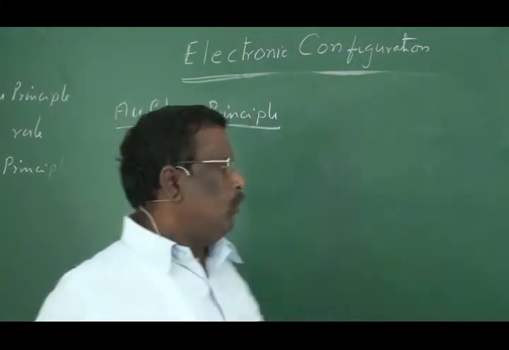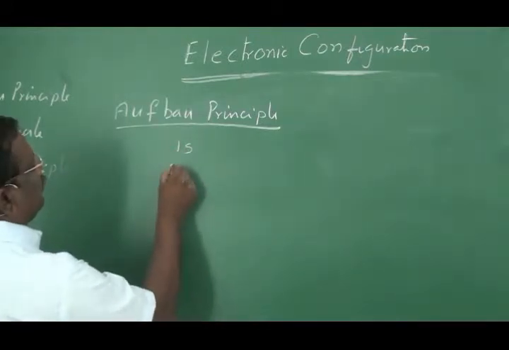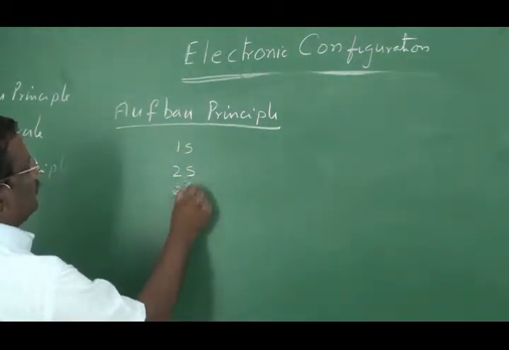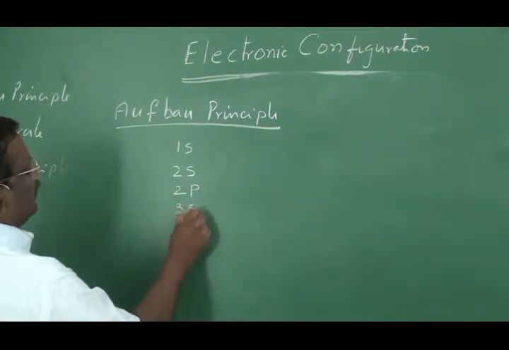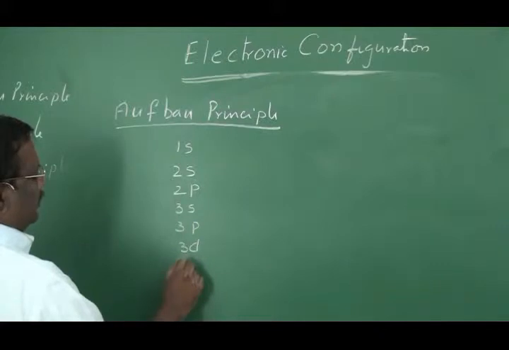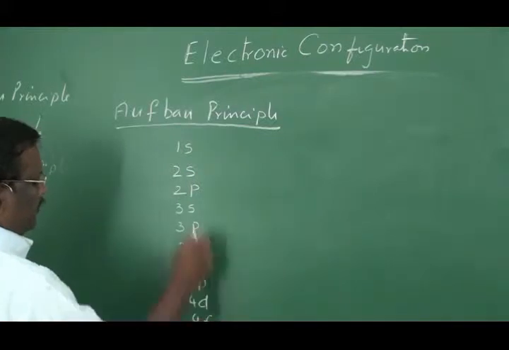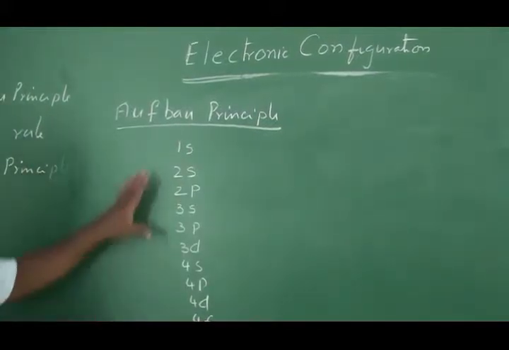For example, the available orbitals for hydrogen atom are 1s, 2s, 2p, 3s, 3p, 3d, 4s, 4p, 4d, 4f, and so on.